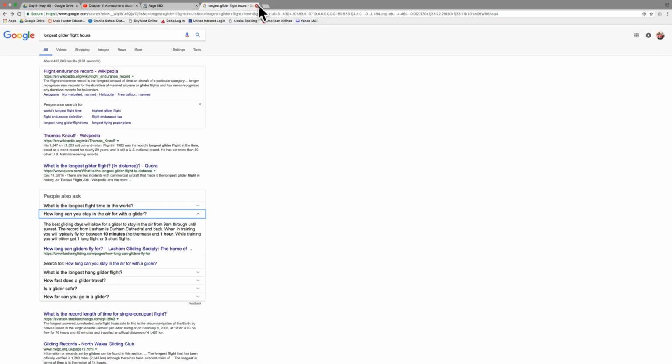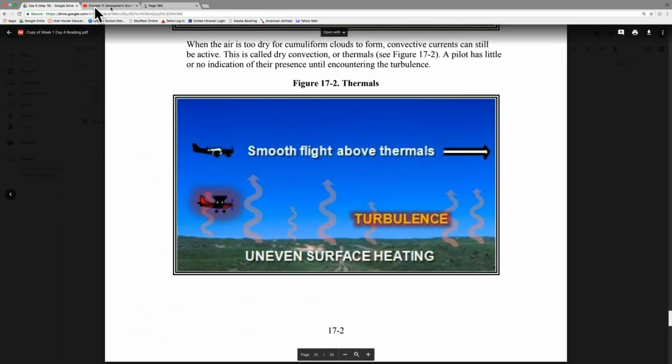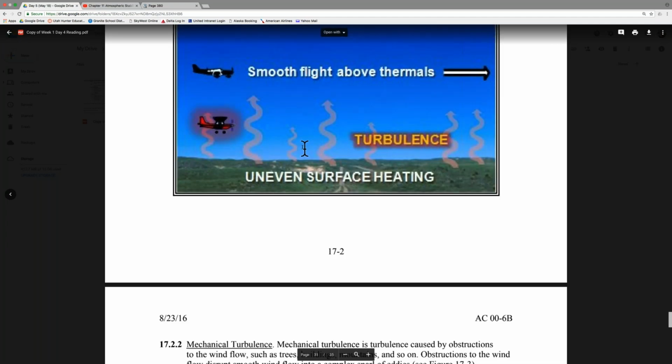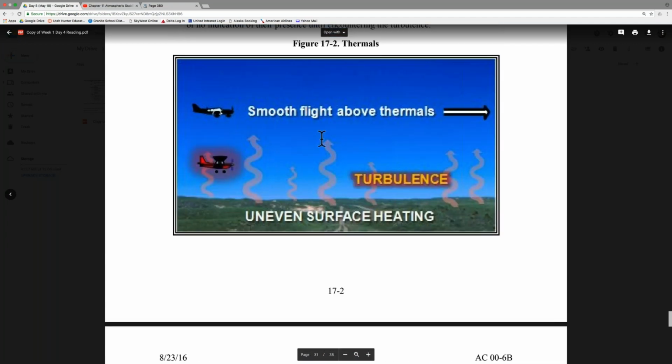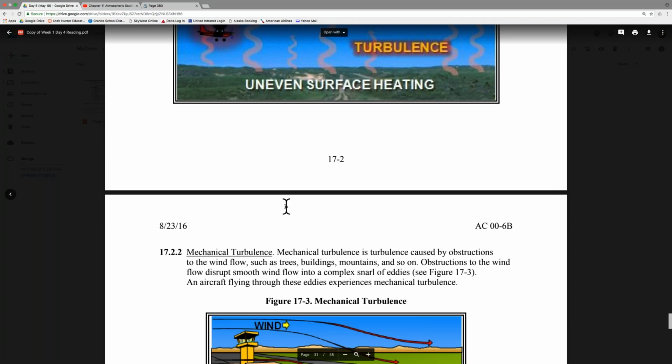So, anyways, yeah, sunrise to sunset, or 1,023 miles or whatever that guy flew. Pretty insane. Just riding these thermal pockets.